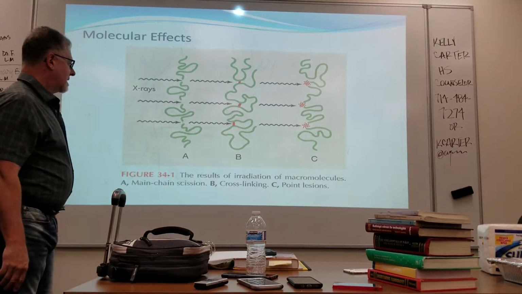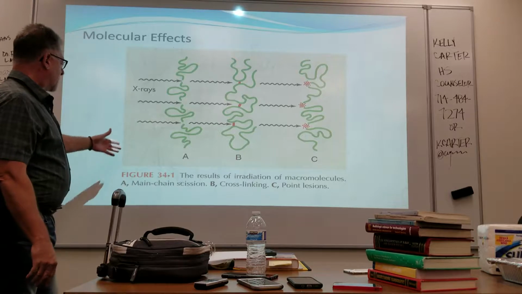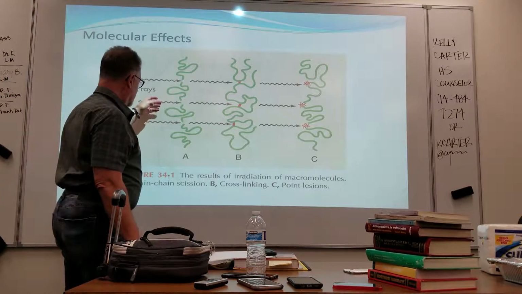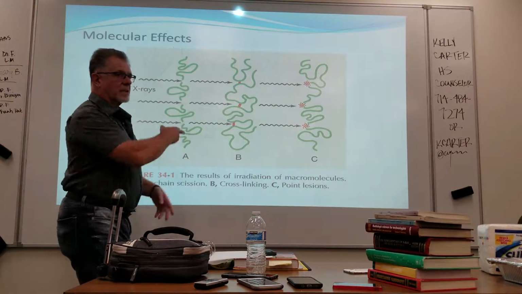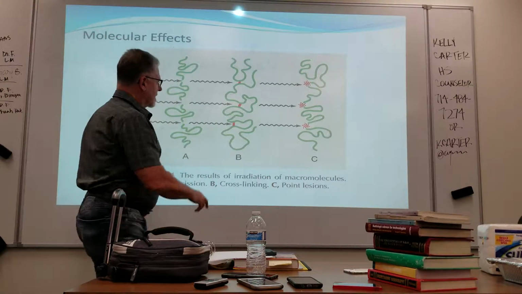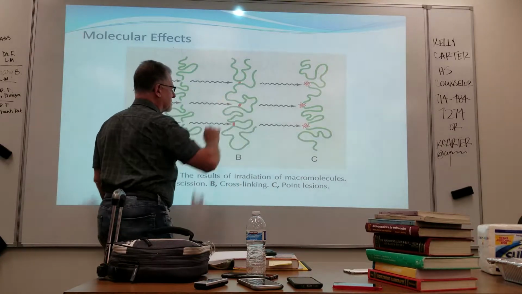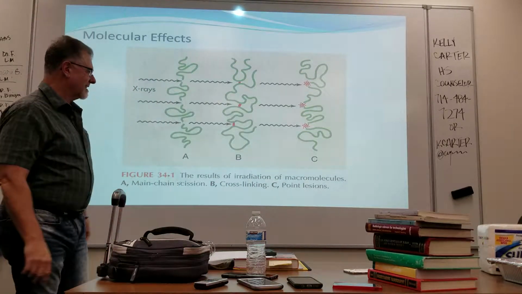So you've got irradiation of DNA. You have what we call main link scission, which means just cutting, right? You have cross-linking, so these molecules form connections where they shouldn't, okay?